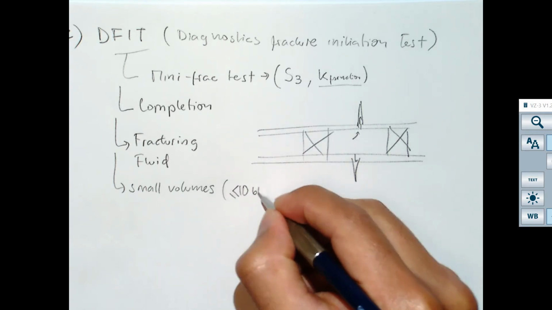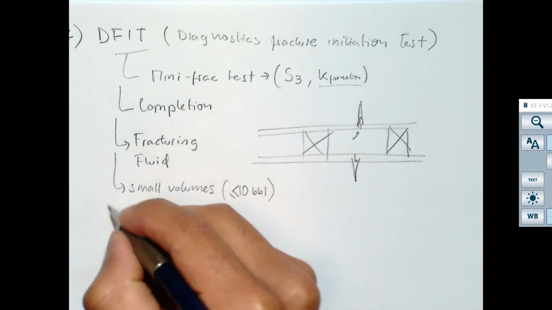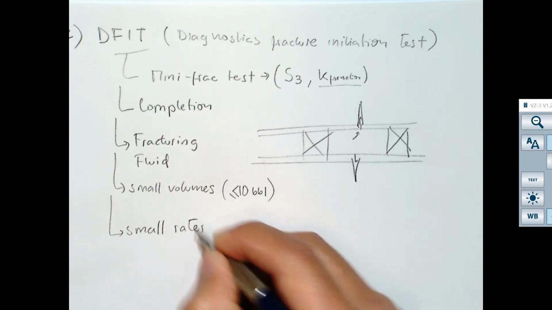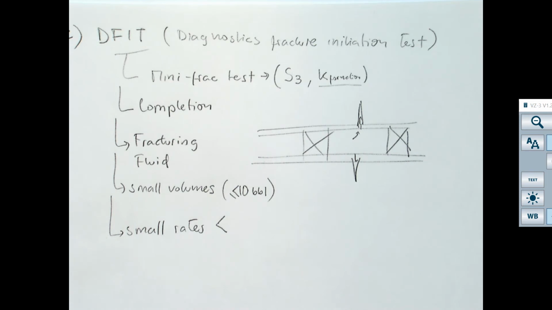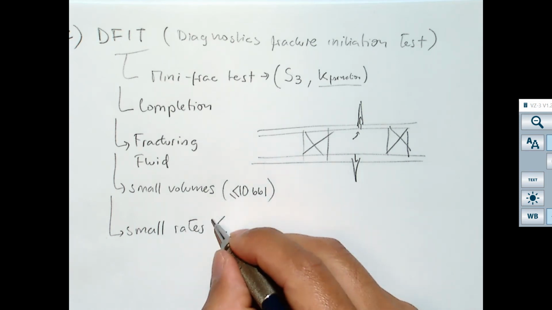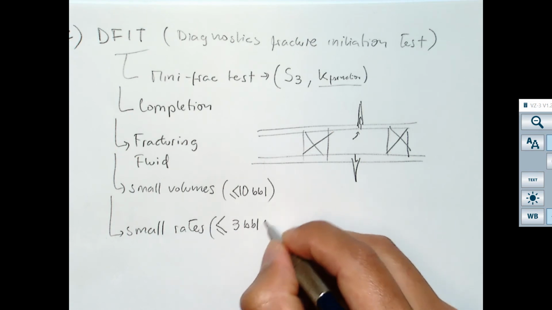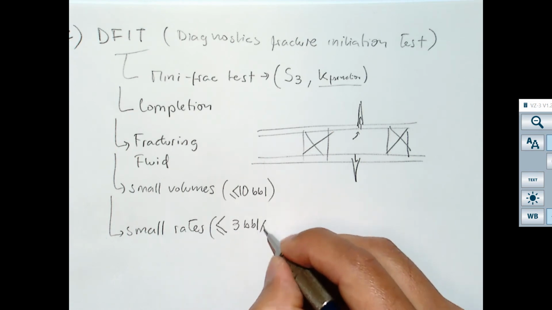And usually you will go with small injection rates too, more or less than 3 barrels per minute.